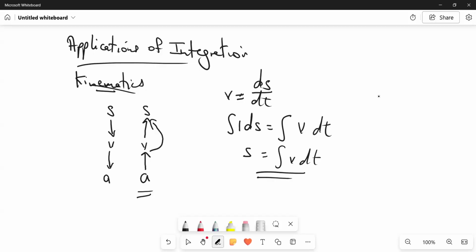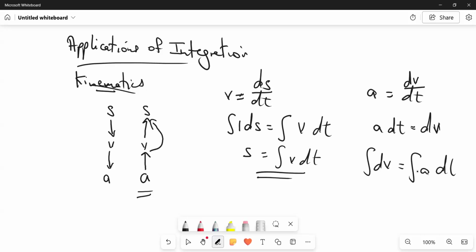Similarly, we know that acceleration equals dv/dt. The derivative of the velocity gives you the acceleration. So again, you separate the variables. This process is called separating the variables. So a dt equals dv. The integral of dv is equal to the integral of a dt. Integrating with respect to v, you get v equal to the integral of a dt.